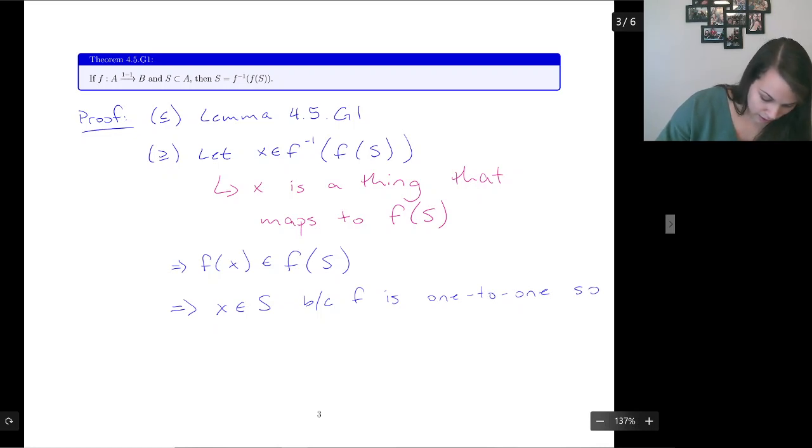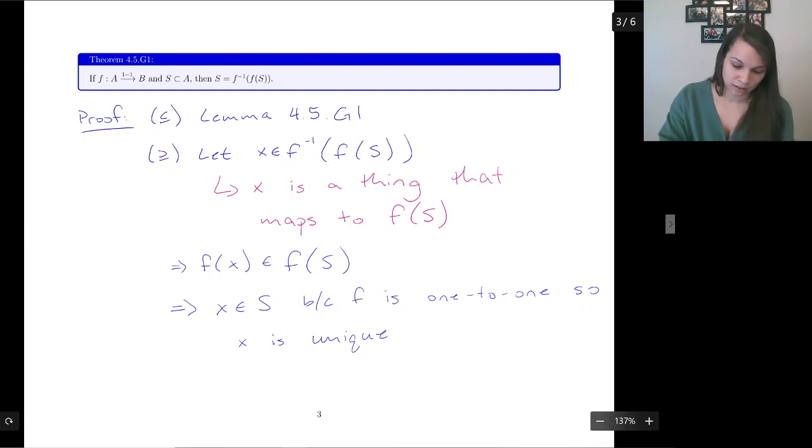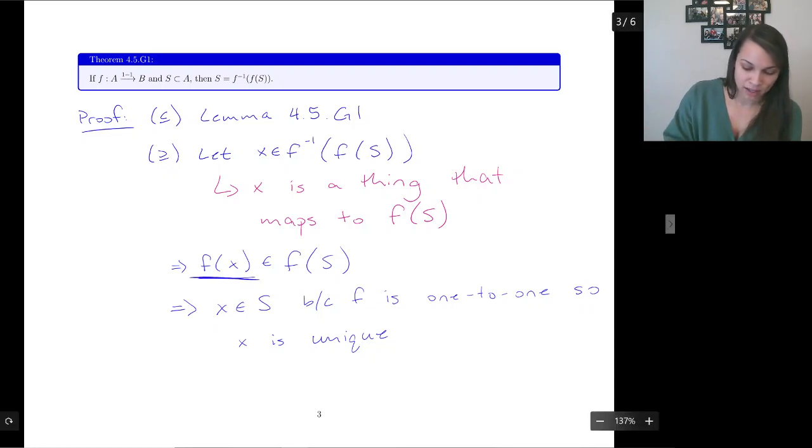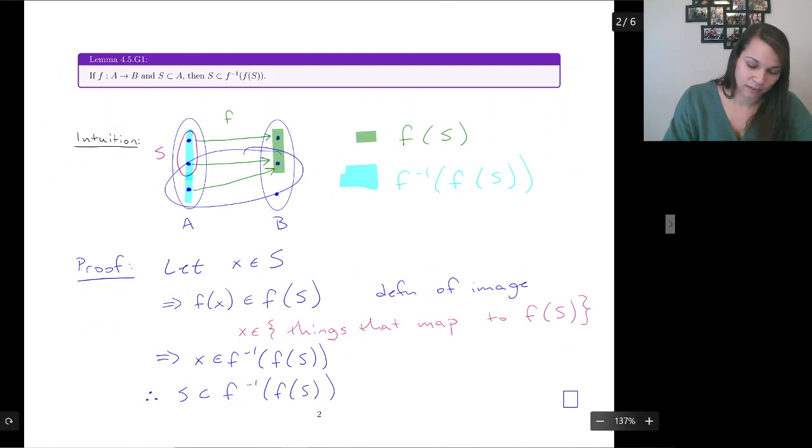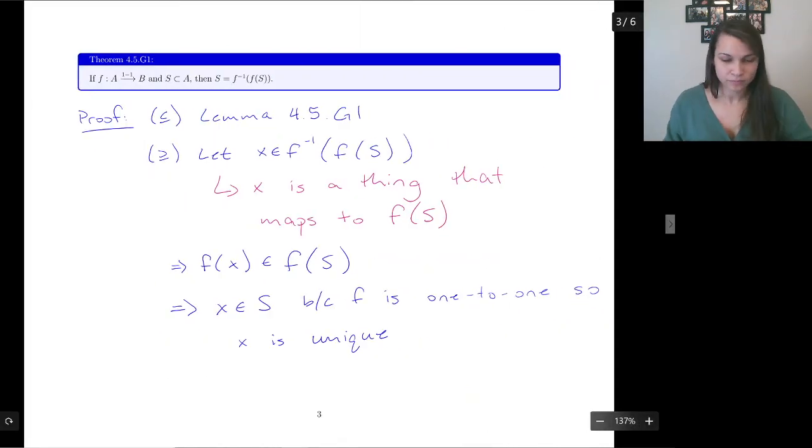So x is unique. So that means nobody else outside of s is going to map to the element that f of x is mapping to. So we've eliminated this problem with one-to-oneness. Okay.